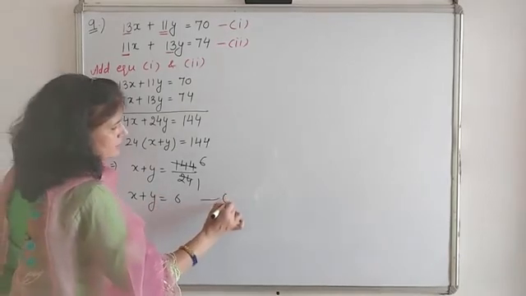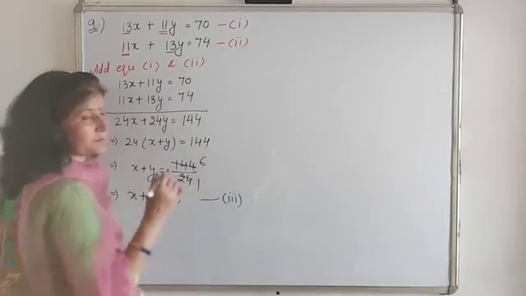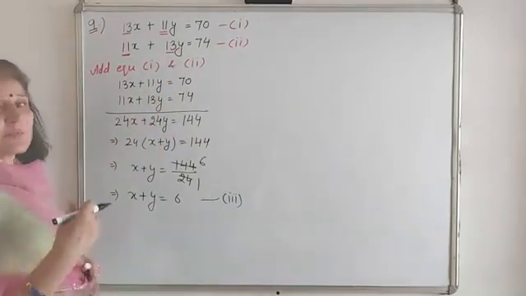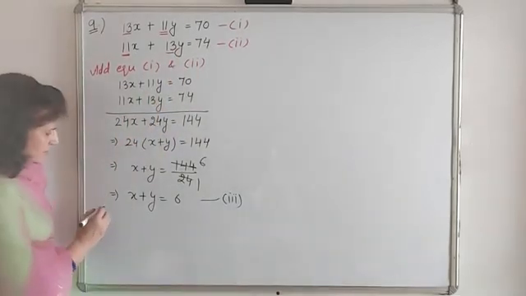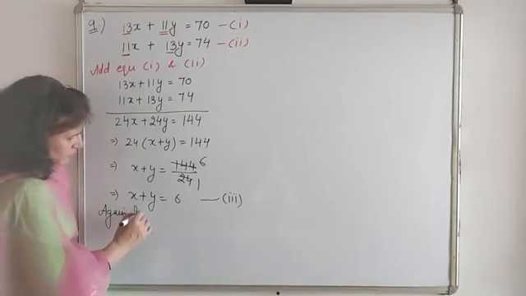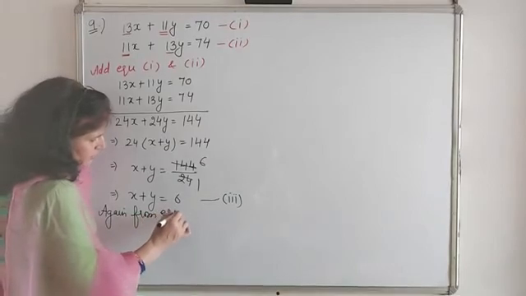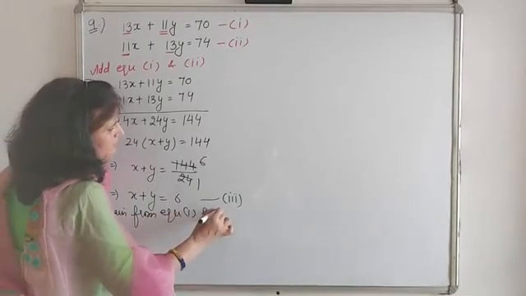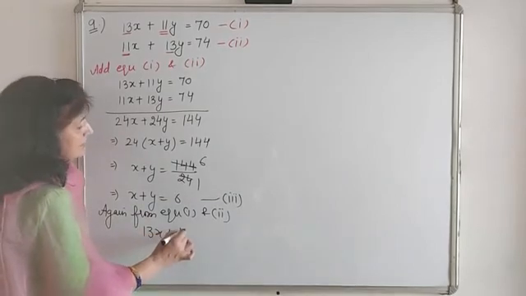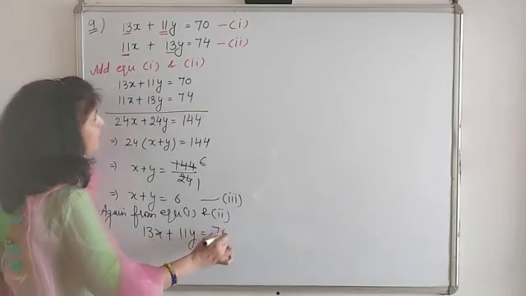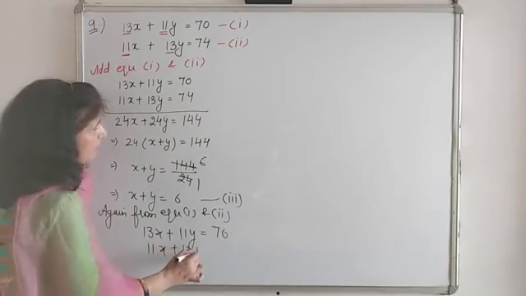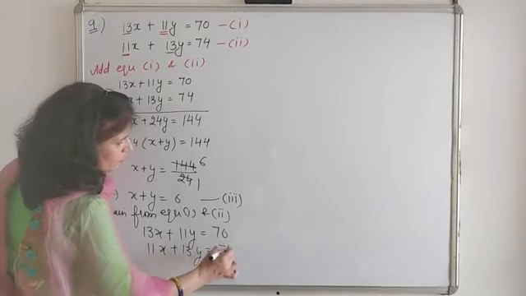This is equation 3. Now again take first and second equation. Now we will subtract them. Again from equation first and second, 13x plus 11y is 70, 11x plus 13y is 74.